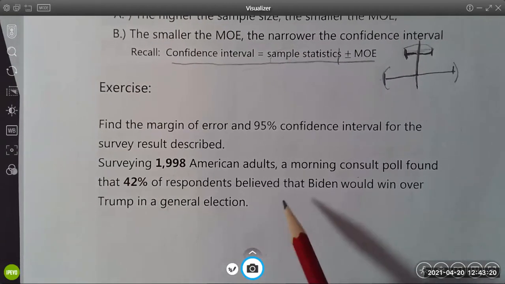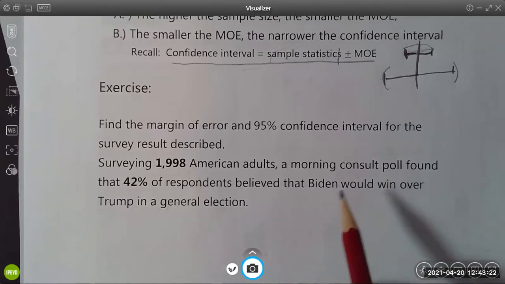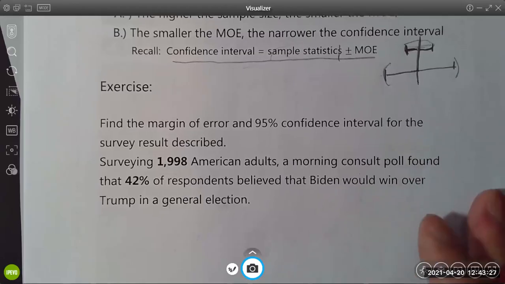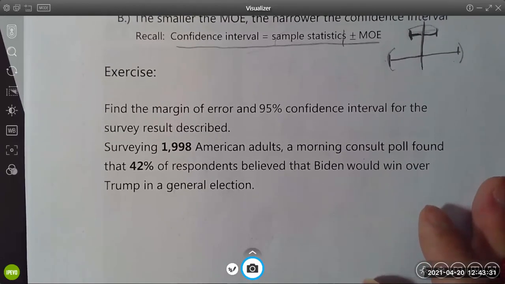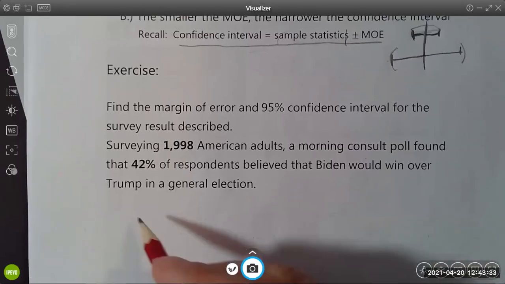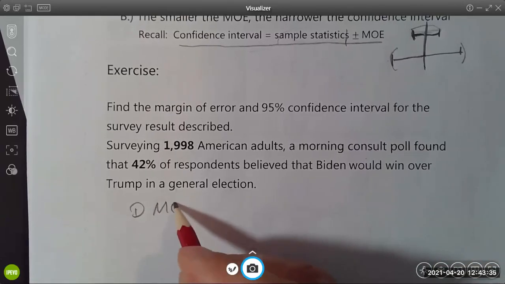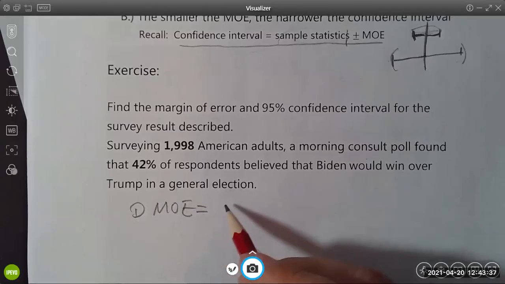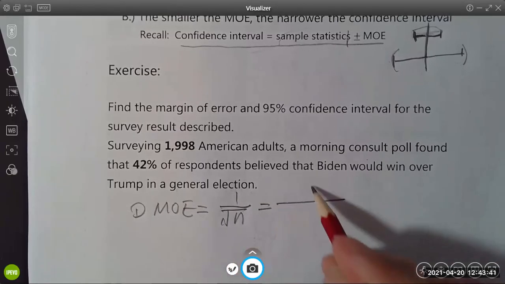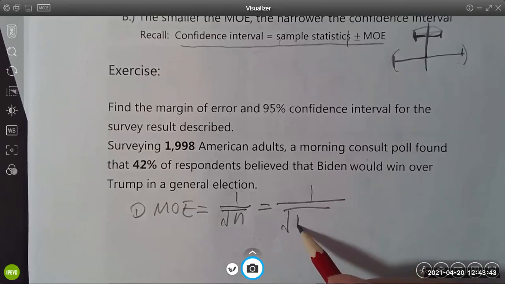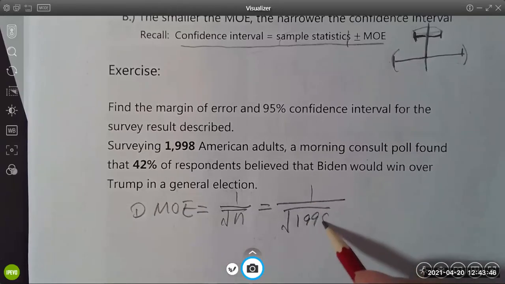Find the margin of error and 95% confidence interval for the survey result. This time they didn't ask us to interpret it in the end, so we just need to find the margin of error and confidence interval. Margin of error equals 1 over the square root of the sample size, so 1 over the square root of 1998.